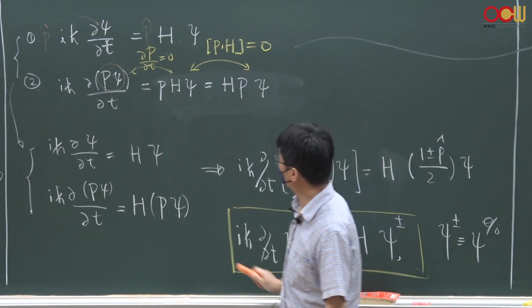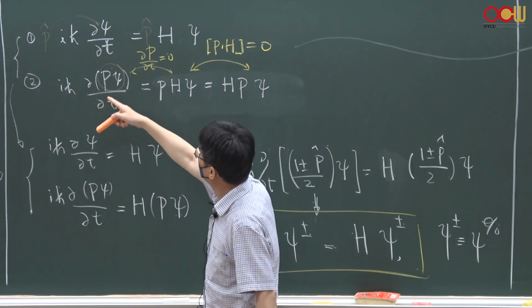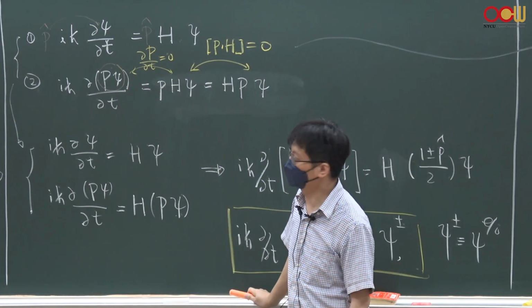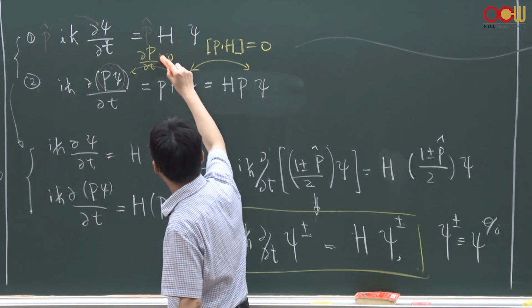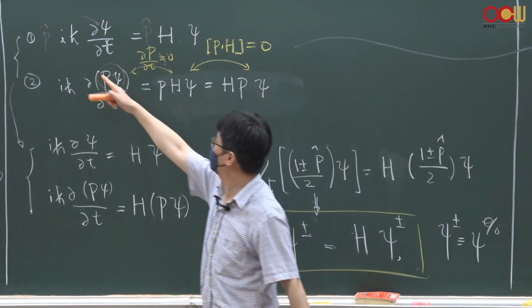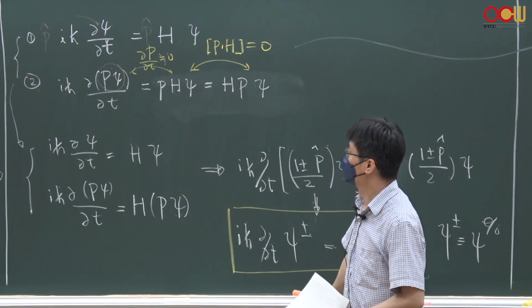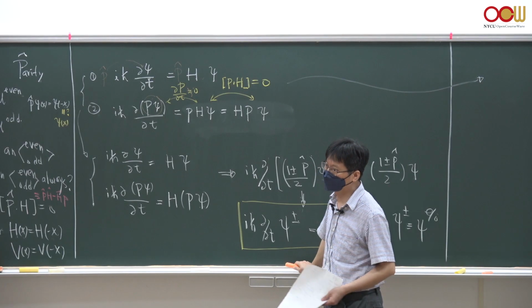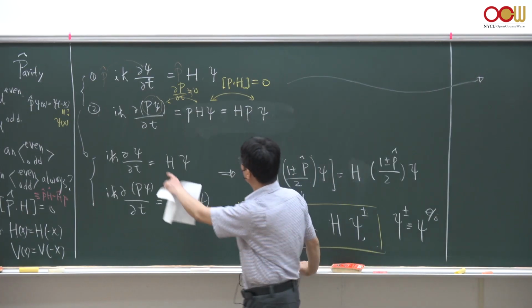But when I do so, I assume that there's no explicit time dependence for this parity operator. If we have a non-zero partial time derivative of parity, then we cannot shift the operator like this. But oftentimes this parity operator is a time-independent operator, so we are okay to do so.